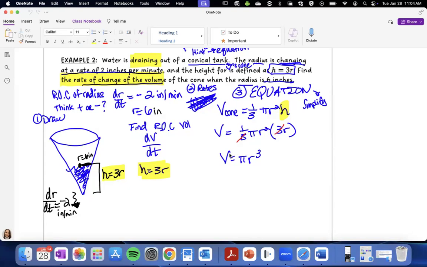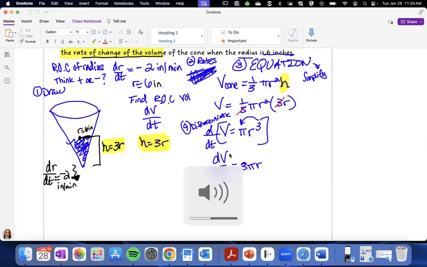Okay. So now we differentiate in DREDS. We do d over dt, the derivative of volume with respect to time. So we have dV over dt equals, bring the 3 in front, power rule, 3 pi r squared, and we also need dr over dt, because I just derived r. Okay. And now it's going to be easy. We just plug in.